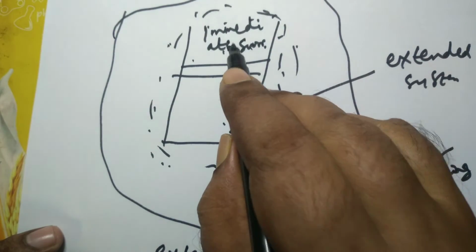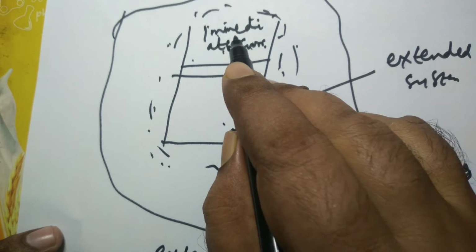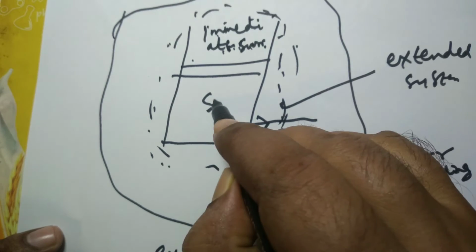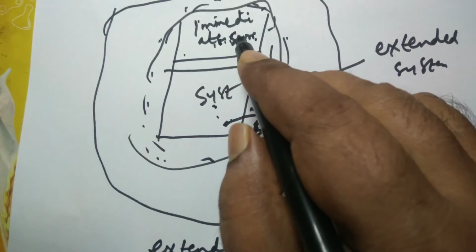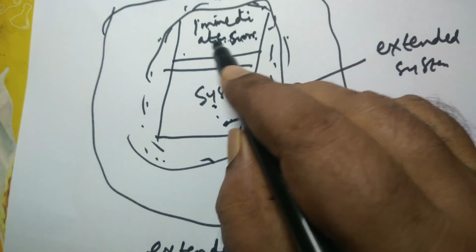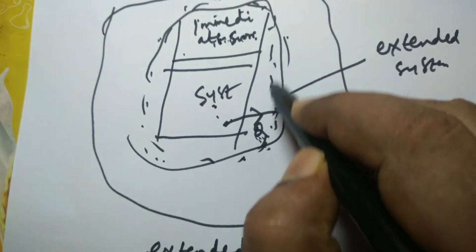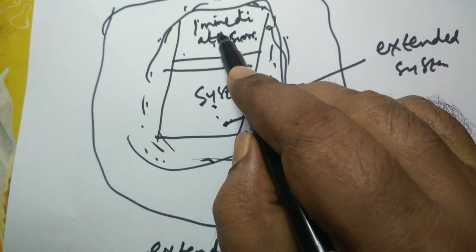The entropy change of this buffer zone, that is the immediate surrounding, is usually small relative to the entropy change of this system. This is your original system, but this is your extended system when you take this immediate surrounding inside, or if you consider the immediate surrounding that is next to the system as a part of an extended system. This is your extended system, and this is your buffer zone.